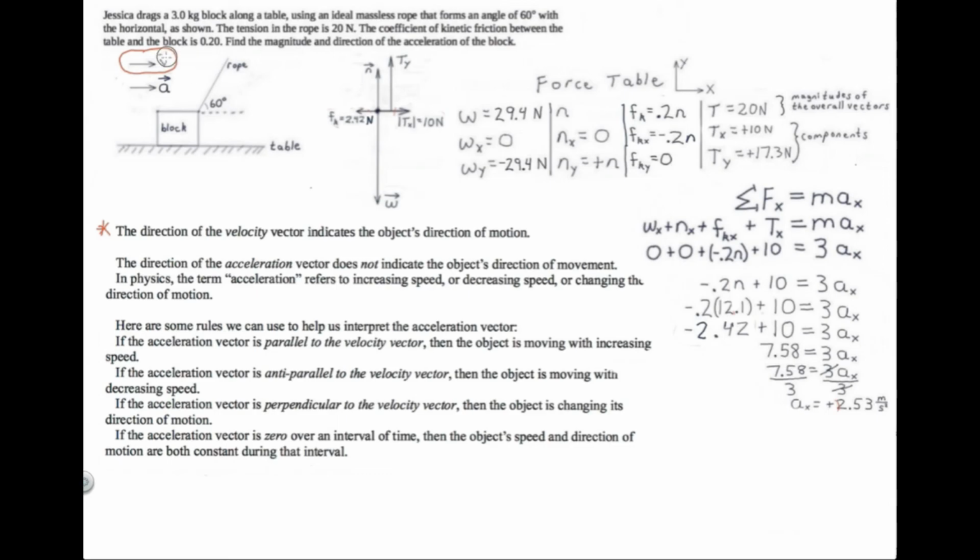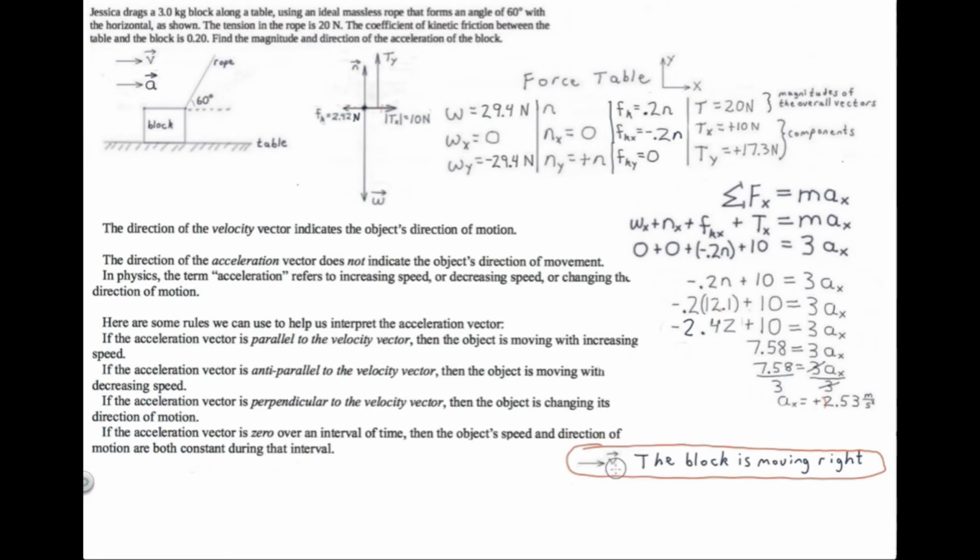Don't confuse velocity with acceleration. The direction of the velocity vector indicates the object's direction of motion. In this problem, the block's velocity points to the right because the block is moving to the right. The direction of the acceleration vector does not indicate the object's direction of motion. So, what does the acceleration indicate?